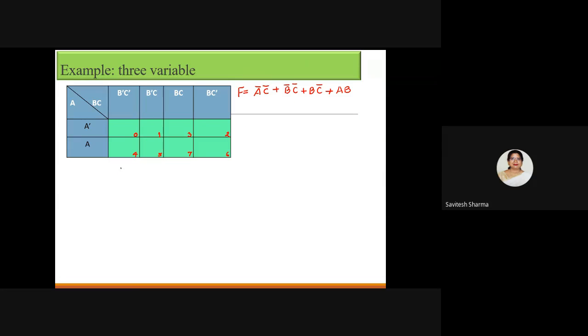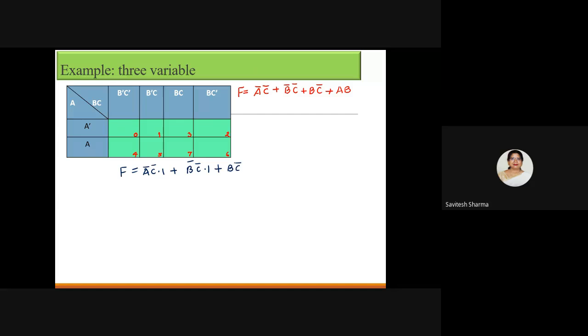You know that if you multiply or AND with 1, there is no problem in the expression. So I am multiplying with 1. In each expression one variable is missing, so I will multiply by 1 in each expression because I want to expand it.